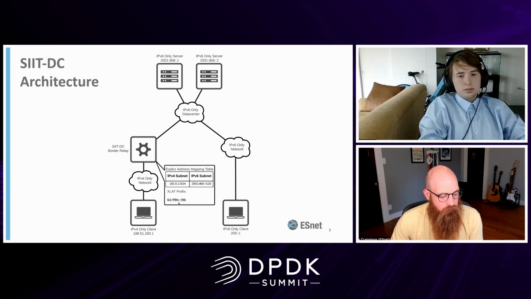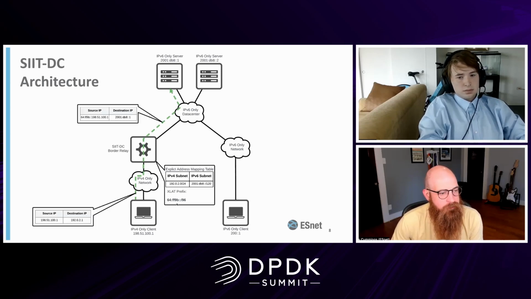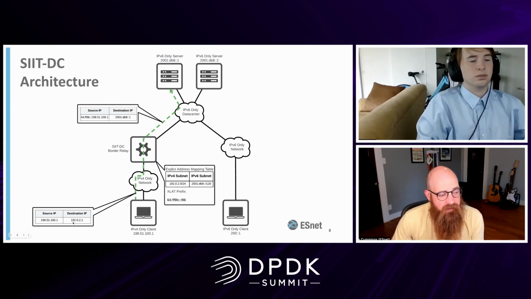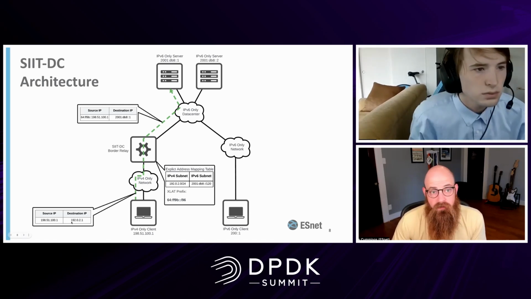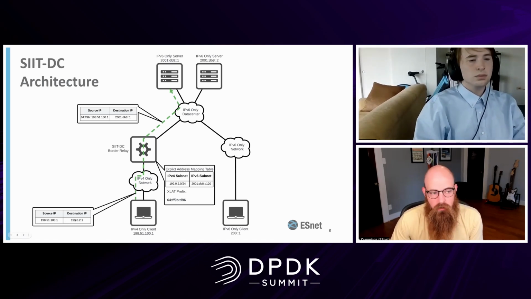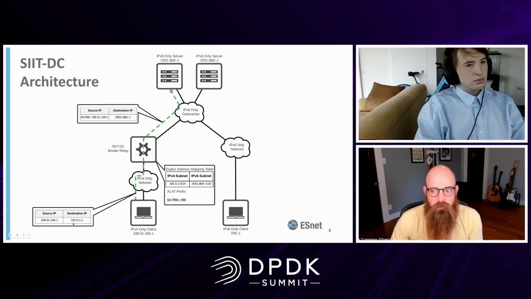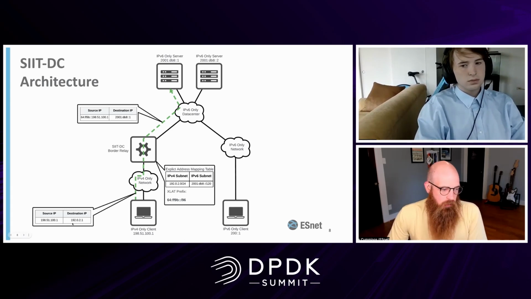So using the v4-in-v6 notation, you can see what a packet from the v4 only client to the IPv6 only server would look like. If this was a TCP SYN, for example, the source IP would be 198.168.100.1 from the client, destined using your normal DNS lookup methods of just an A record. You'd probably use split view DNS in this scenario.